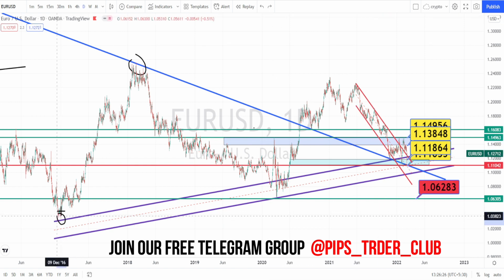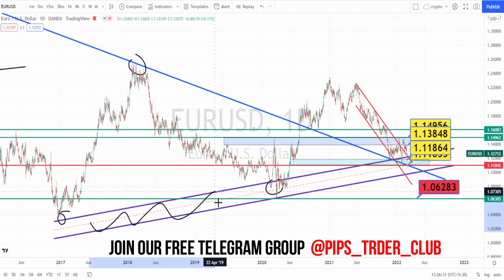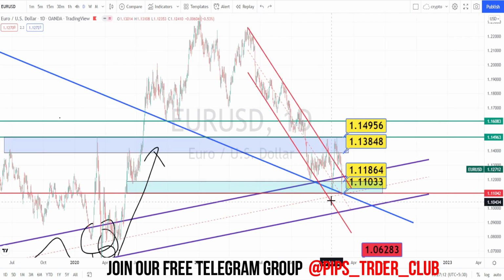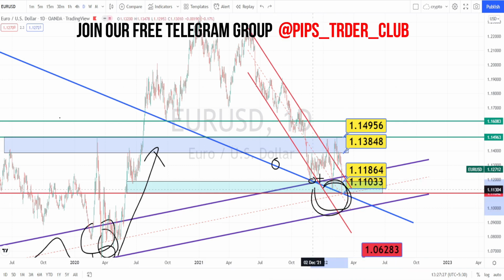I have taken the lows of all the price action and formed a channel pattern. When we look at the price action within this channel pattern, whenever the price tests this support line or crosses this channel pattern, the price has bounced back on the bullish side. And currently the price is taking support on this resistance line, or the support line, and also entering into this support area.